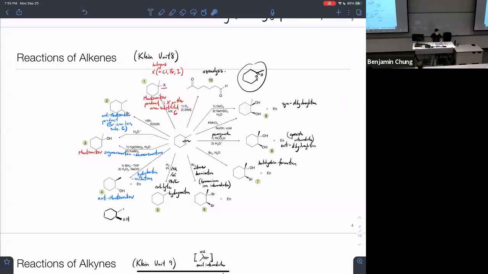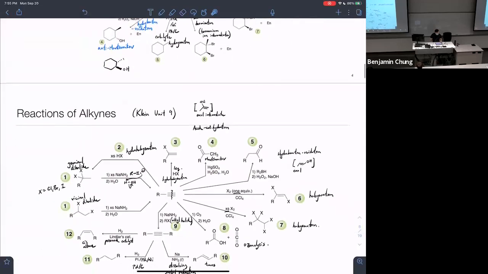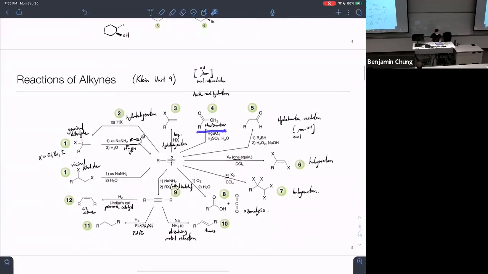These reactions here too, like halohydrin formation, the bromine always goes on the less substituted carbon, the OH on the more substituted carbon. So that's also regioselective. Again, Markovnikov, anti-Markovnikov. This is an example of regioselectivity as well, being able to control which regioisomer you form.